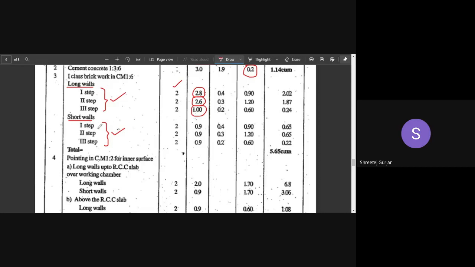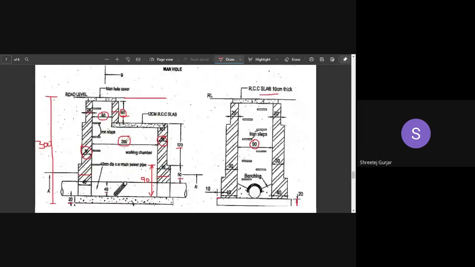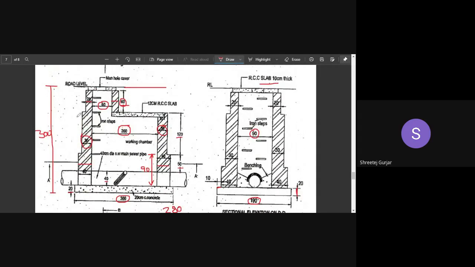Okay, so moving on to pointing work for your inner surface. Okay, for your inner surface, so long wall up to RCC slab. Okay, they have divided. How they have divided? Up to RCC slab and above RCC slab. Okay, long wall up to RCC slab, meaning up to this level we have calculated separately, and then above this level we have calculated separately.